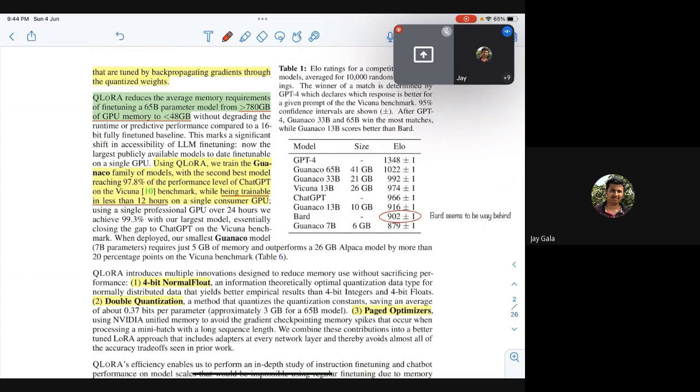If you look at this, Bard is relatively way behind the other competitors, and Guanaco, based on different scales, you can see the ratings outperform Bard and are at least near GPT-4. And in terms of memory consumption, the 7 billion model requires 6 GB of memory, whereas for the others, as you scale up, the overall memory requirement is still comparatively lower than the 16-bit standard fine-tuning model.